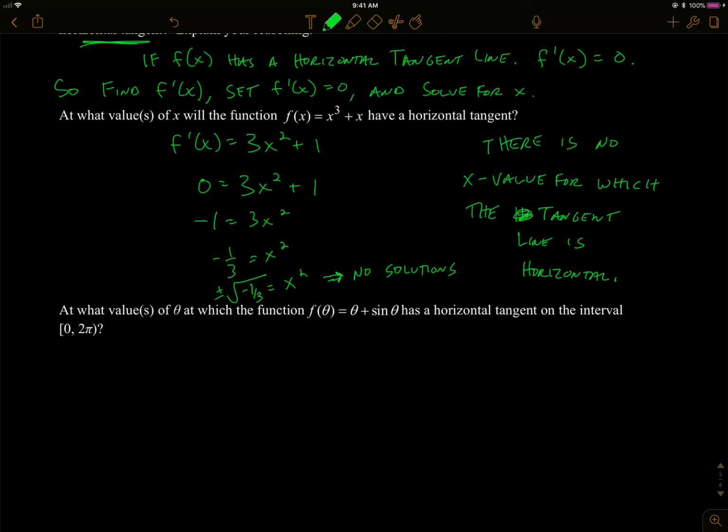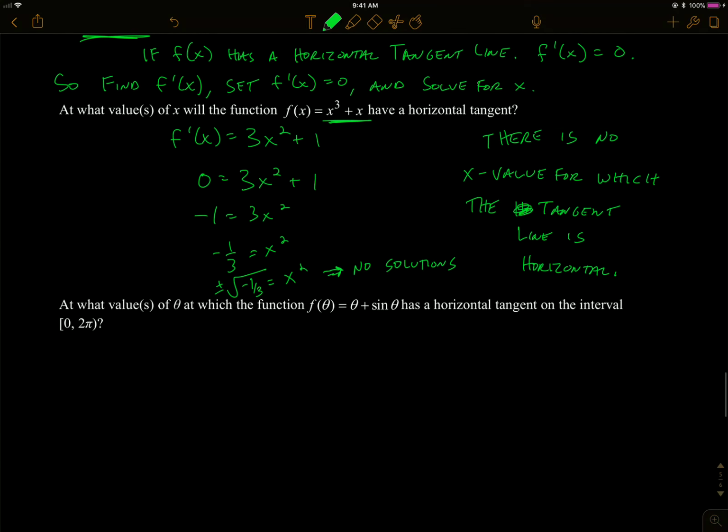Why is that? Well, if you know the graph of this function, you know that it's always increasing. And a little bit of review of what we've talked about is if a function's increasing, then its derivative is positive. So if this function's always increasing, that means its derivative is always positive.